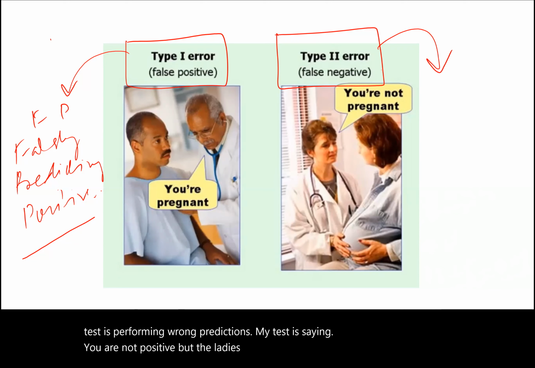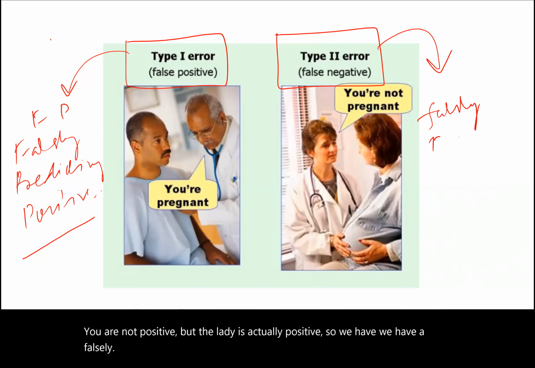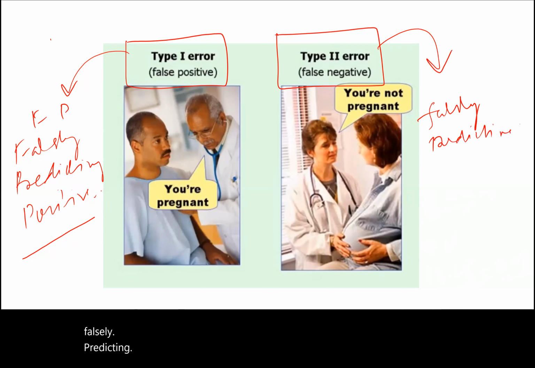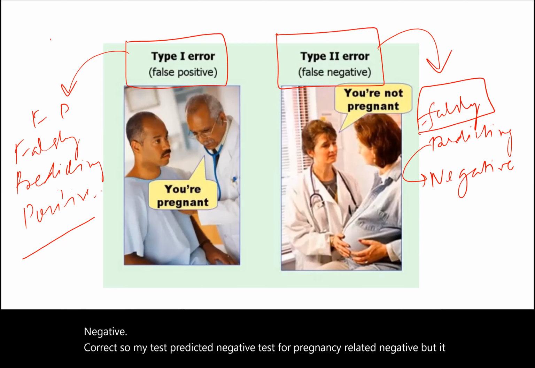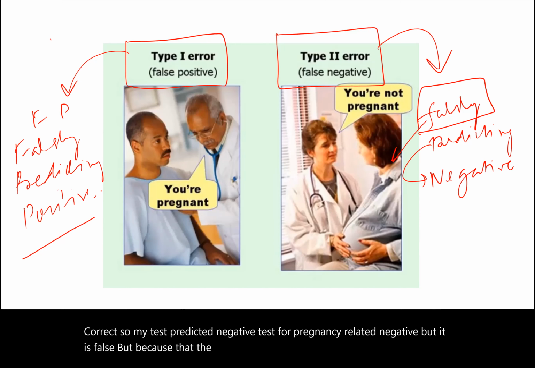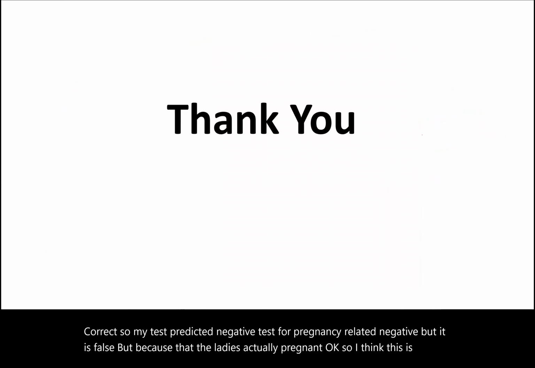So we have falsely predicting negative: the test for pregnancy predicted negative, but it is false because the lady is actually pregnant. Okay, so I think this is it with respect to the logistic regression theory.